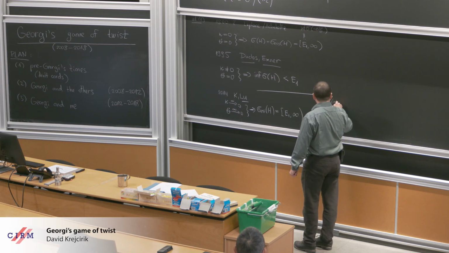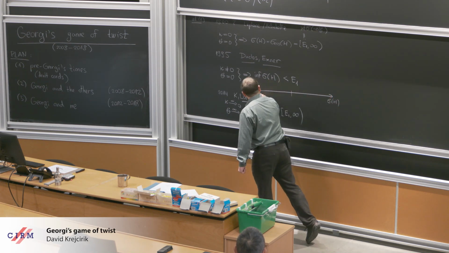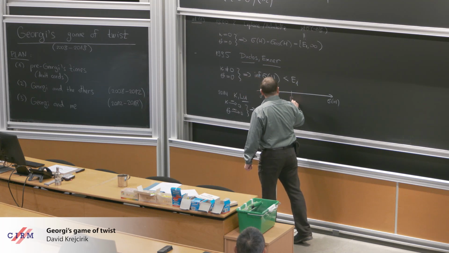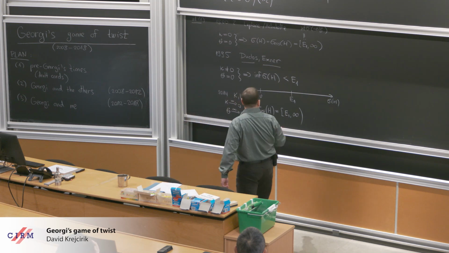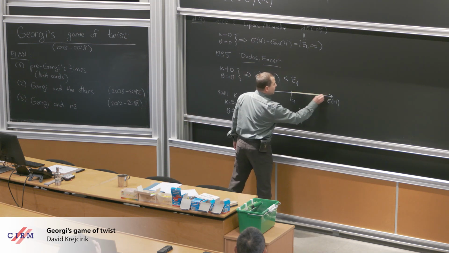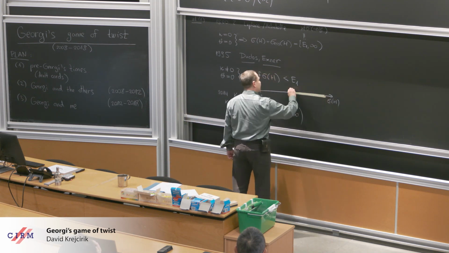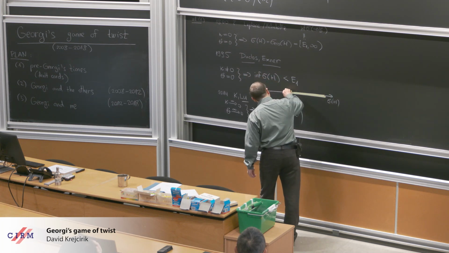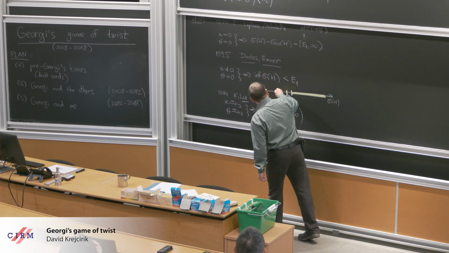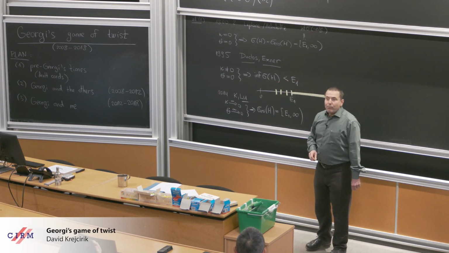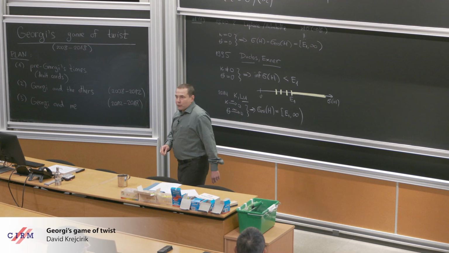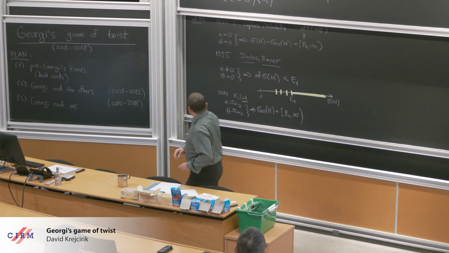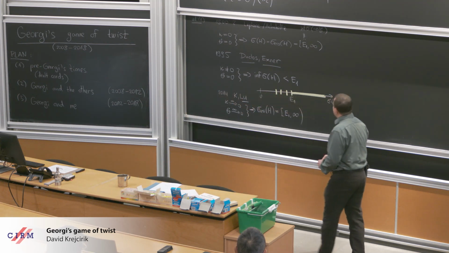So you have the spectrum of H, 0, E1, and you know that the essential spectrum is preserved under this condition, and this result tells you that you have some eigenvalues, quantum bound states, if you interpret the Laplacian as a quantum Hamiltonian in a nanostructure. So this was a famous result.